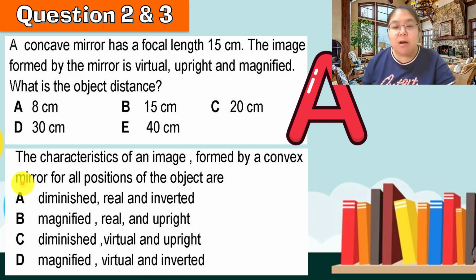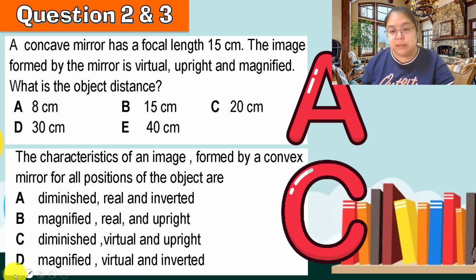That one we call a convex mirror. So from here, the image formed must be virtual. We find out which one is virtual: just C and D. The virtual partner must be upright. So we find the image will become this image. So from here, the answer is C.